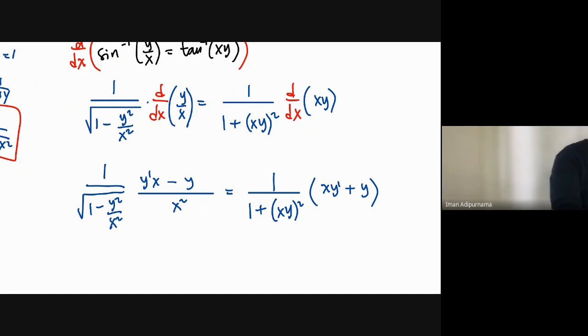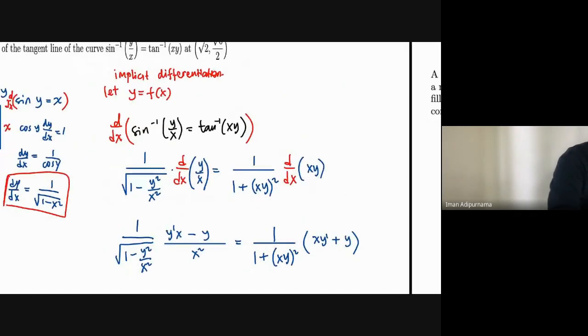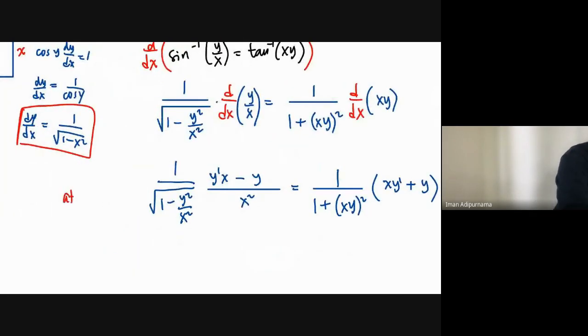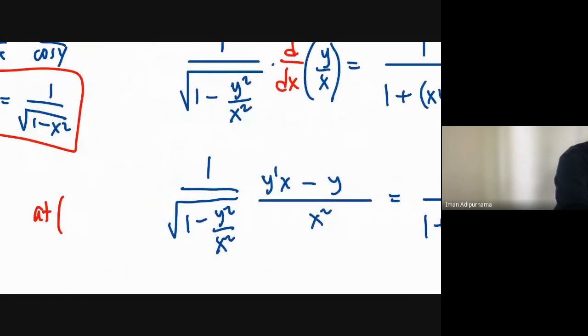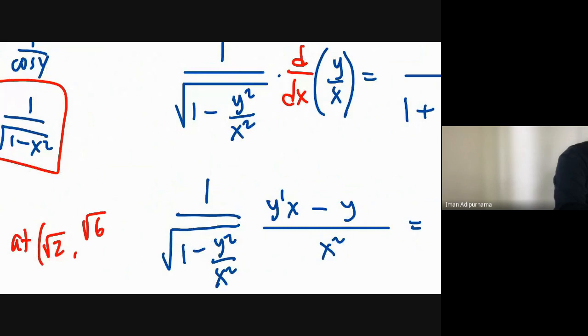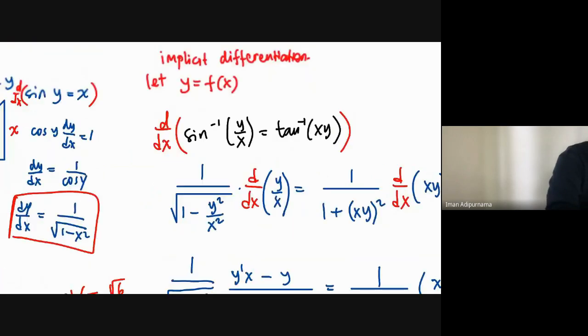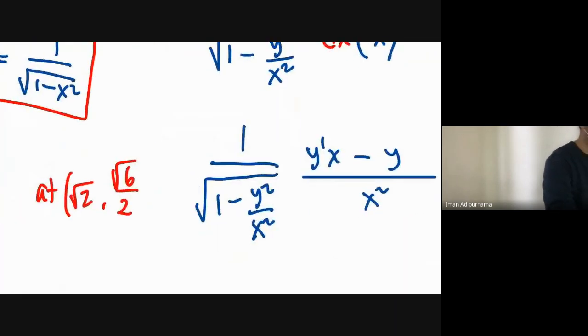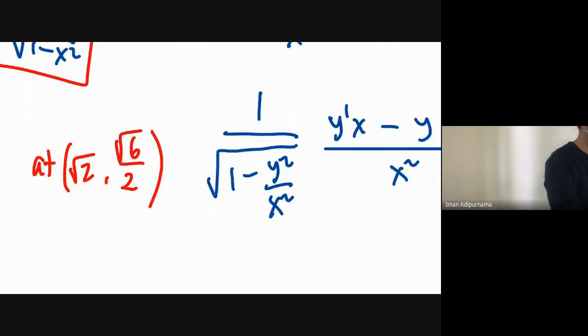Okay, anyway, check the numbers at square root of 2 and square root of 6 over 2. So this is x and y.